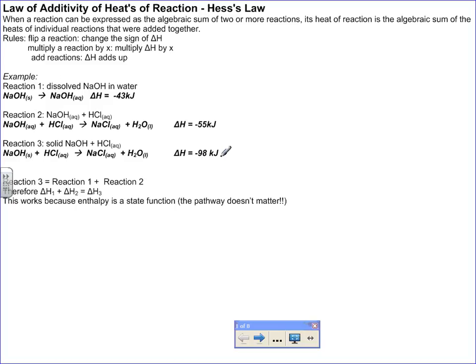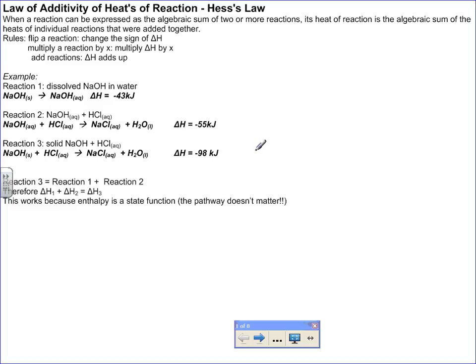The delta H for this reaction is negative 98. If you look at the values, this plus this is equal to negative 98. So really, these two steps are equal to this one-step reaction.